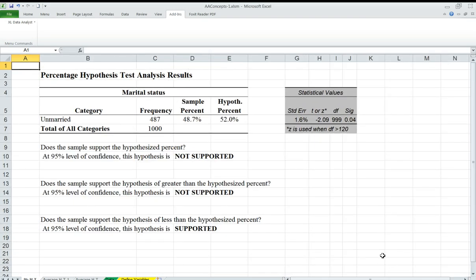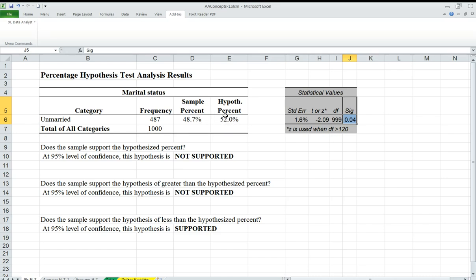Okay, what we see here actually is very interesting. We see that the significance level is 0.04, just a little bit below 0.05, which is enough to reject the null hypothesis for equality. In other words, we now are confident that 48.7 is statistically significantly different from 52%.